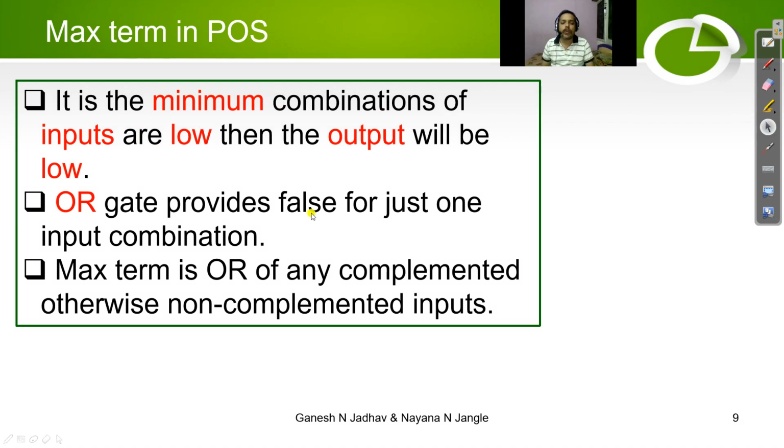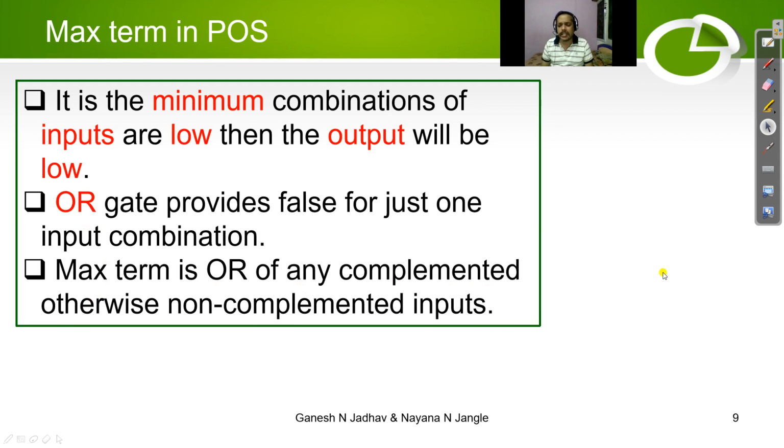Next, the OR gate provides false. We know that if any one input is present, the output will be present. So if all inputs are absent, then the output is also absent. Such a logical gate is OR. So max terms can be implemented using OR, and a max term is the OR of complemented or non-complemented inputs.